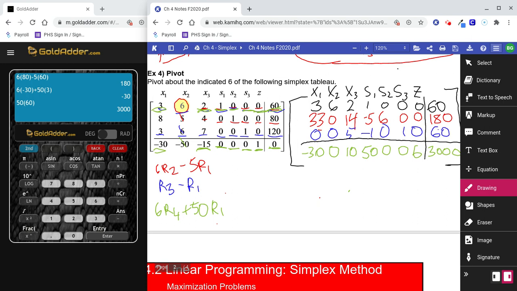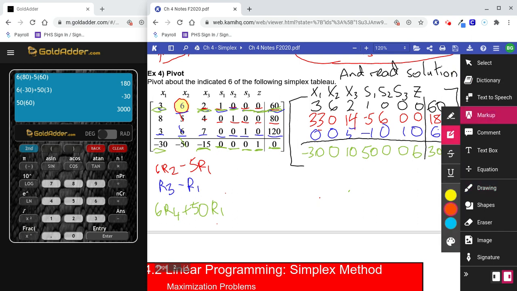Pivot about the indicated 6 of the following simplex tableau. So that's really all they wanted me to do, other than we probably should say, and read a solution. Otherwise, what's the point? So if you look at your basic variables, they are the ones that you can read.